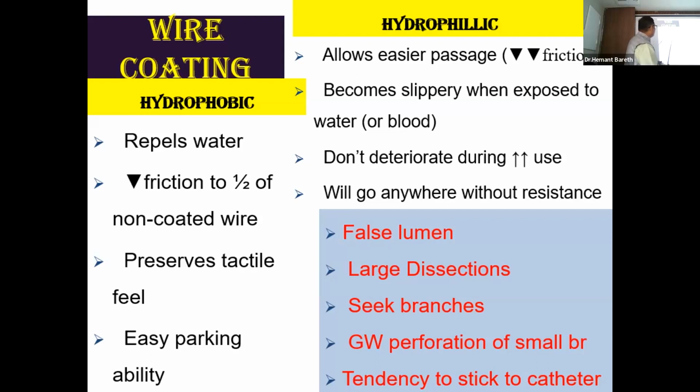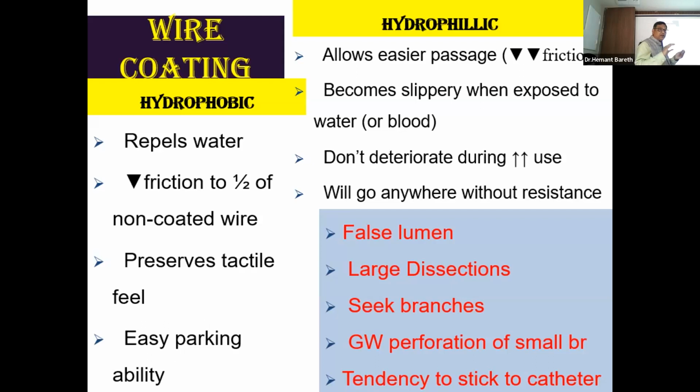Hydrophilic wire, on the other hand, decreases the friction even more, and therefore allows for a better passage. It becomes slippery when exposed to water or blood, as I told you, and doesn't deteriorate with use because of this nice coating of a gel on the wire. It will go anywhere without resistance, but the problem is that because it will go anywhere, it can enter the false lumen, it can cause large dissections, it can even go into a branch, it can cause guide wire perforations, and it can stick to the catheter.